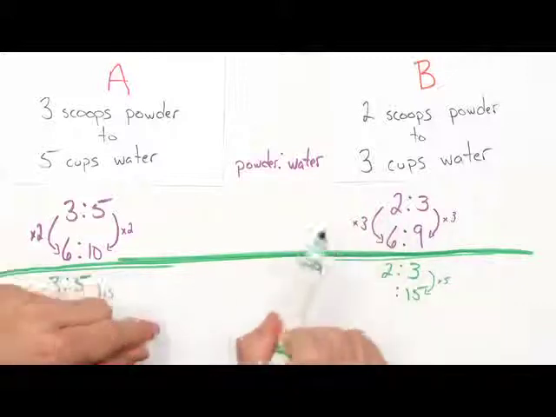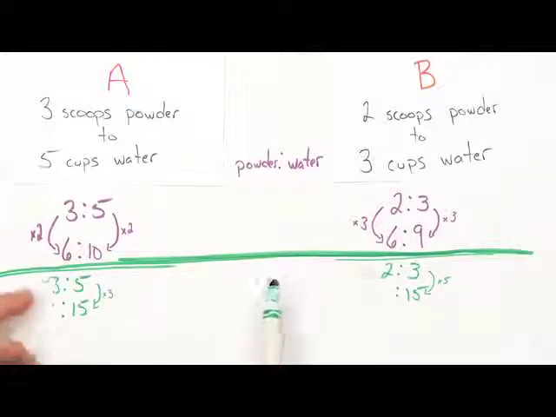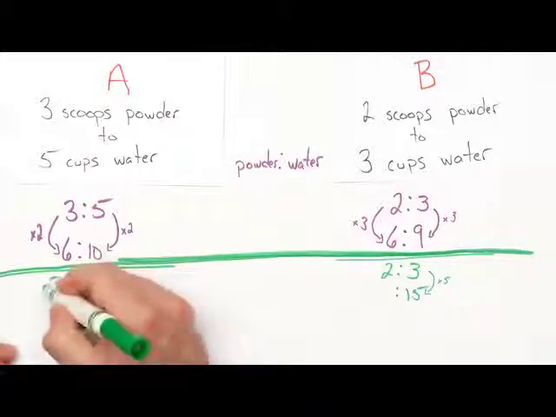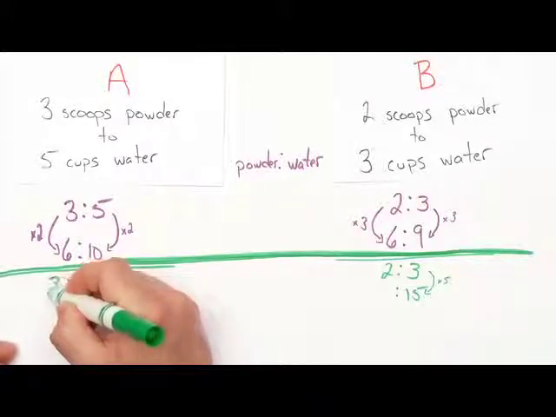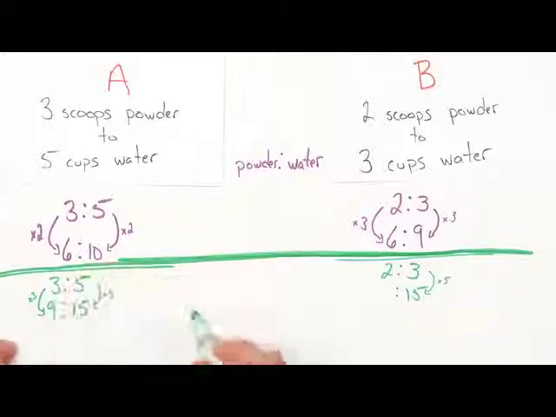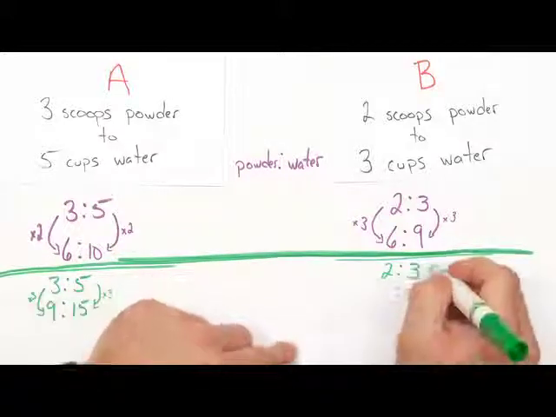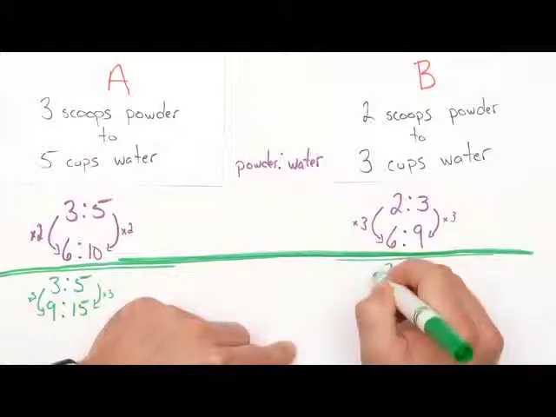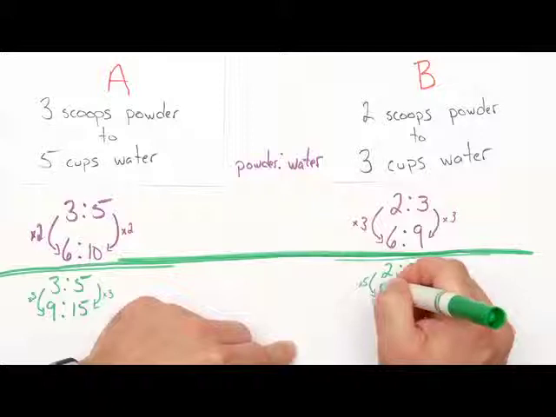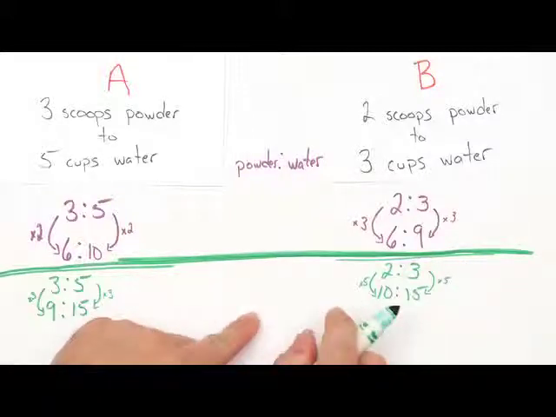So I know that I have to do the same thing to the first terms. So since I multiplied by 3 here, I have to multiply 3 by 3, and that gives me 9. Over here, since I multiplied by 5, I have to multiply the 2 by 5, and that gives me 10.